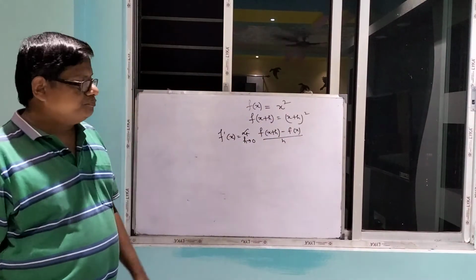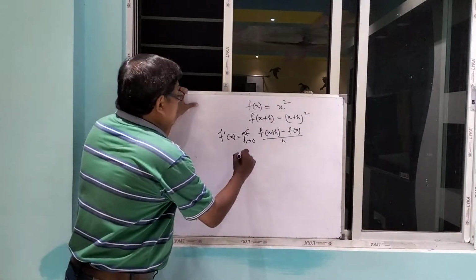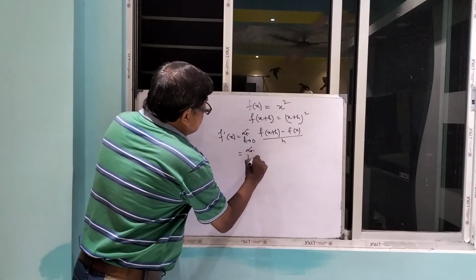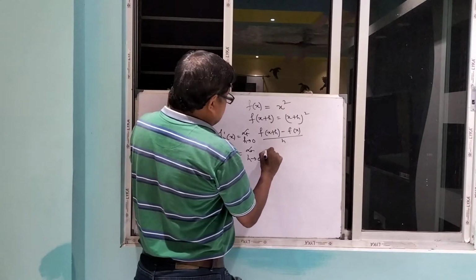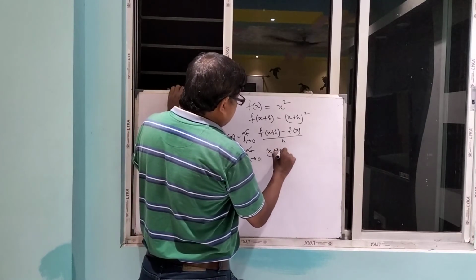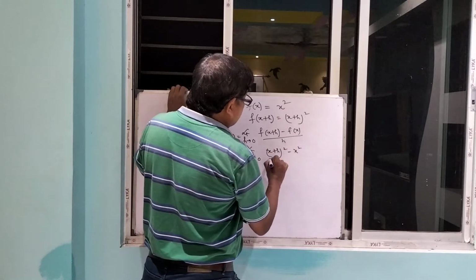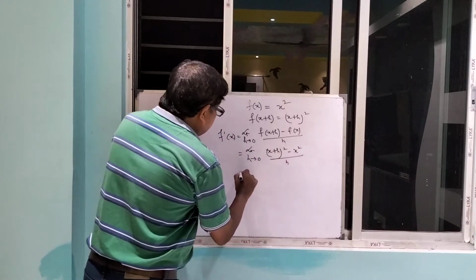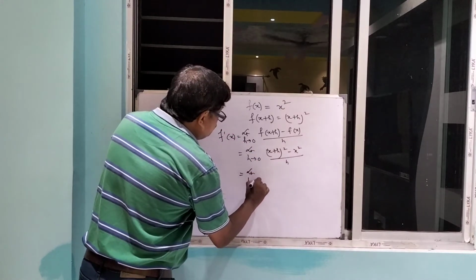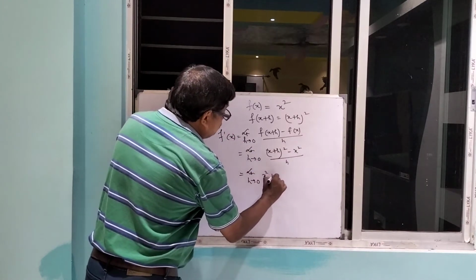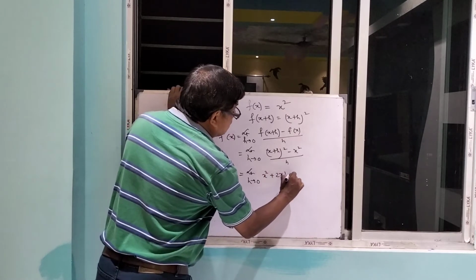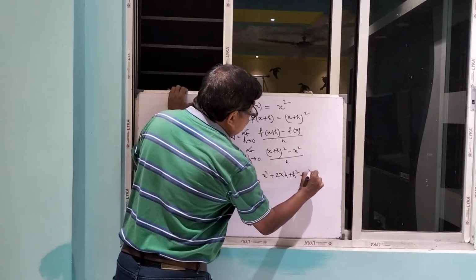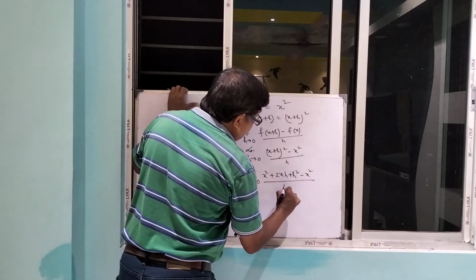Just put the value: limit h tends to 0, x plus h whole square minus x square by h. So x square plus 2xh plus h square minus x square by h.